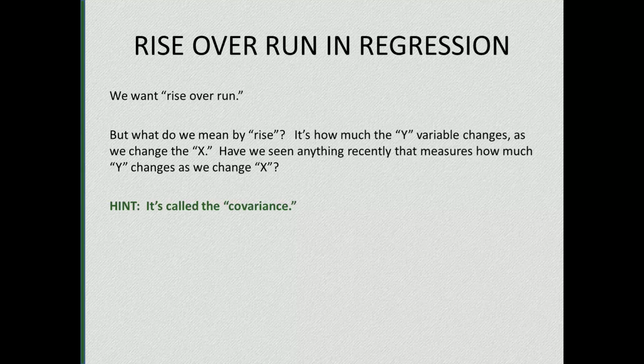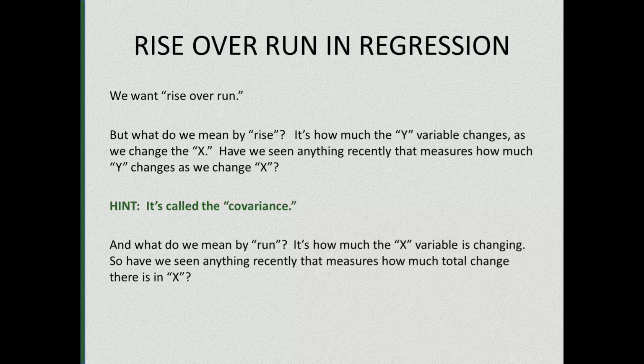That sounds like a covariance to me. Rise over run. What's run? That's how much the x variable is changing. Have we seen anything in this or a previous life that measures variability in an x variable? That sounds like a variance to me.